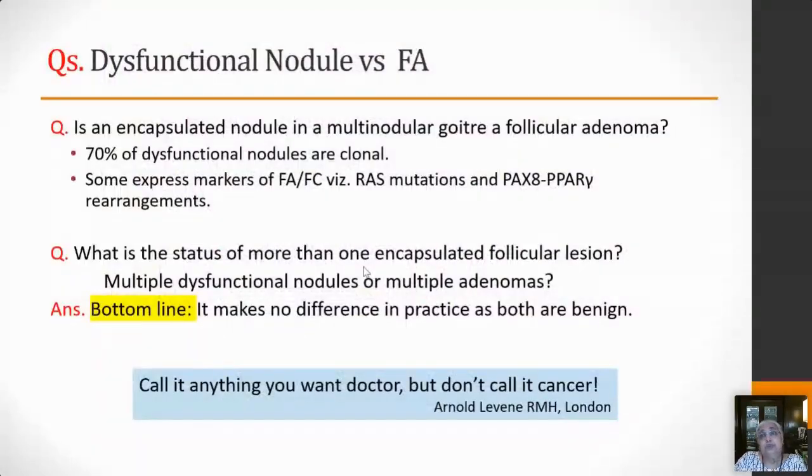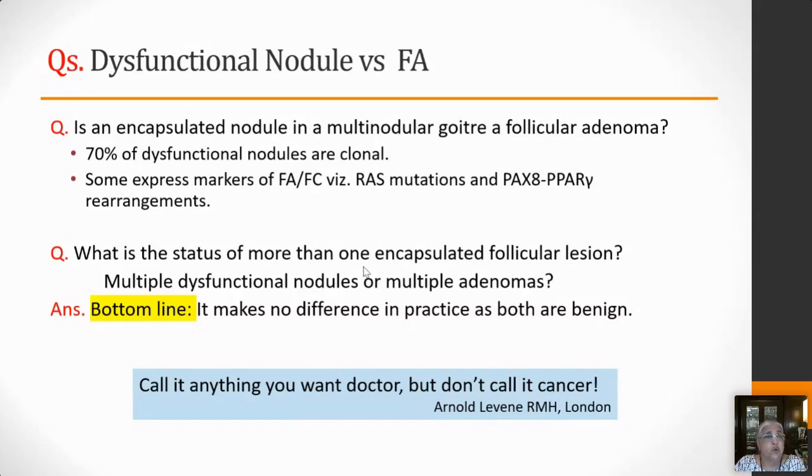Now, you might think it doesn't matter, and I think it doesn't matter. But is there any way at all that you can tell a follicular adenoma from a dysfunctional nodule? Is there a molecular way? Is one neoplastic and therefore clonal and the other one is not?